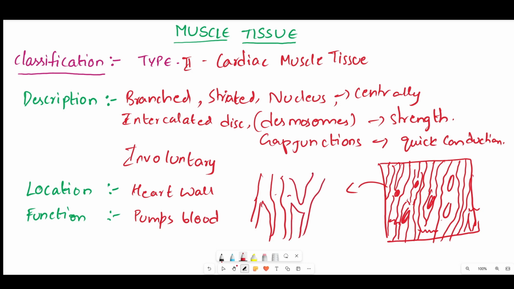And as mentioned above, it has a centrally located nucleus. This area we call the intercalated disc. And the remaining everything is the cardiac muscle fiber. So that is all about the second type, which is the cardiac muscle tissue.